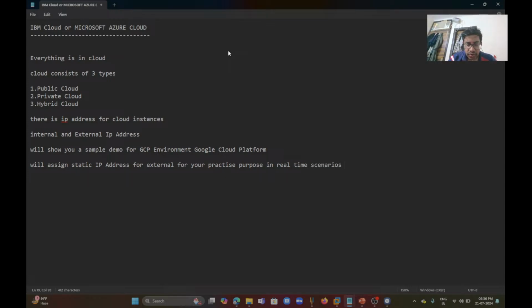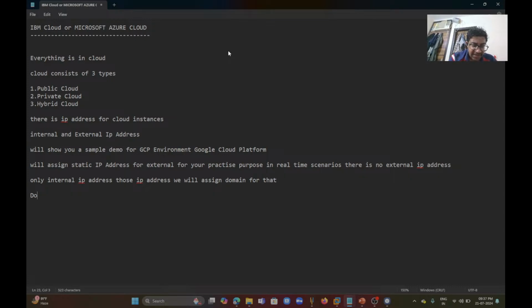In real time scenarios, there is no external IP address, only an internal IP address is available. For those IP addresses we will assign a domain.